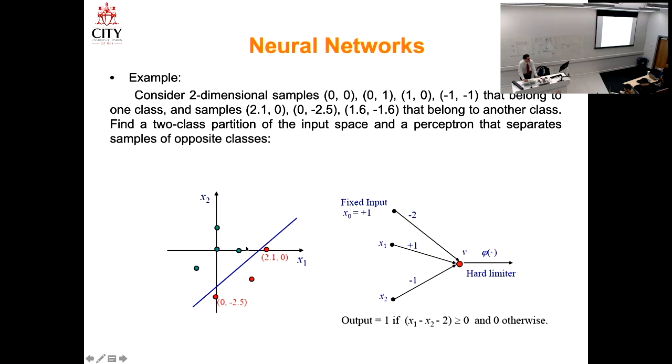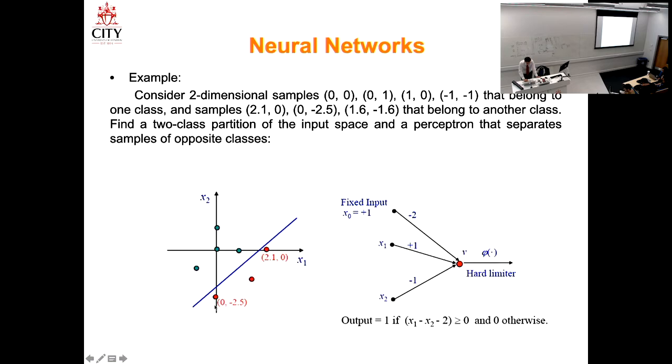How does it separate them? Let's say I put 0, 0. 0 minus 2 is minus 2, so I'm getting a negative value, so the class is 0. This is class 0, this is class 1.